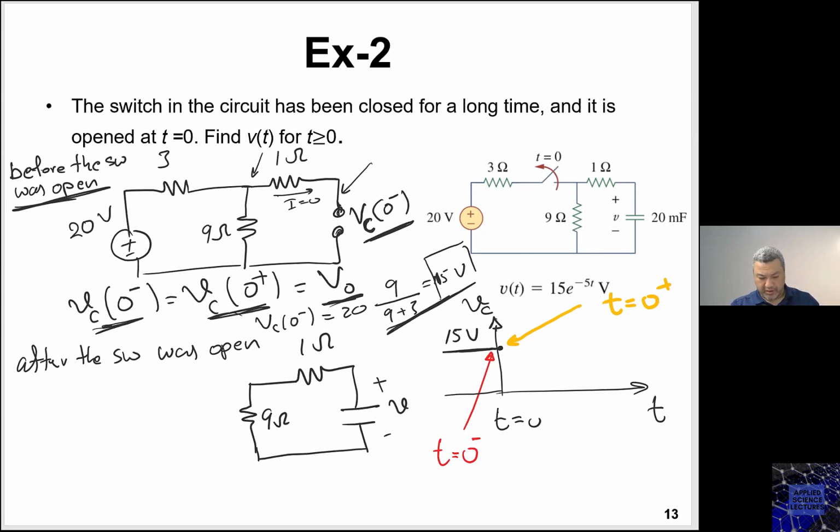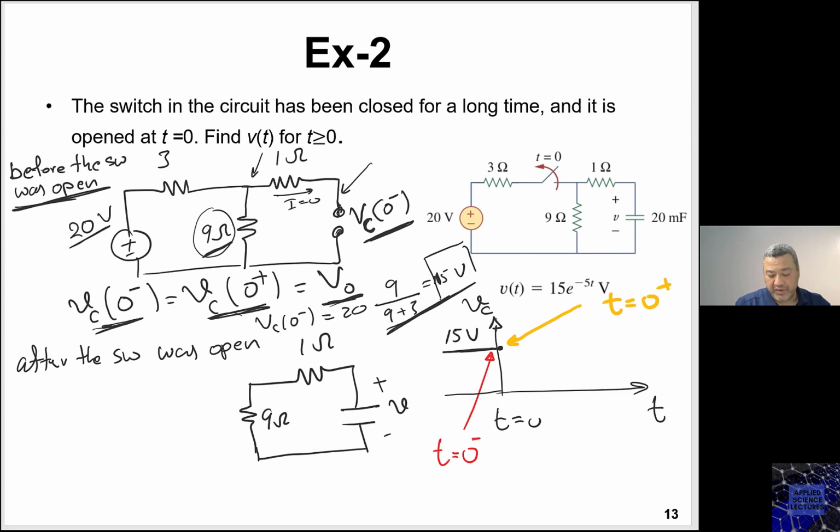I'm sorry, no, because I am calculating the voltage across the 9 ohm. So VC0 minus, the same as the voltage across the 9, is coming from the 20 volts, right? So it's a voltage division. The 1 ohm is an open circuit, has no current going into the 1 ohm, right?